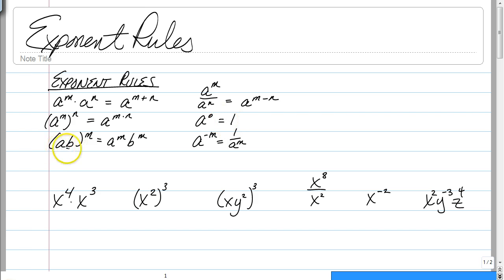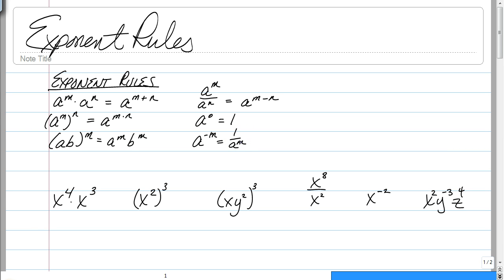When you have two different terms inside of parentheses raised to an exponent, you can actually distribute that exponent to both of those terms. And the last one, which is a little funky, is anything raised to a negative exponent, that does not make the problem negative. It just takes the reciprocal of it.